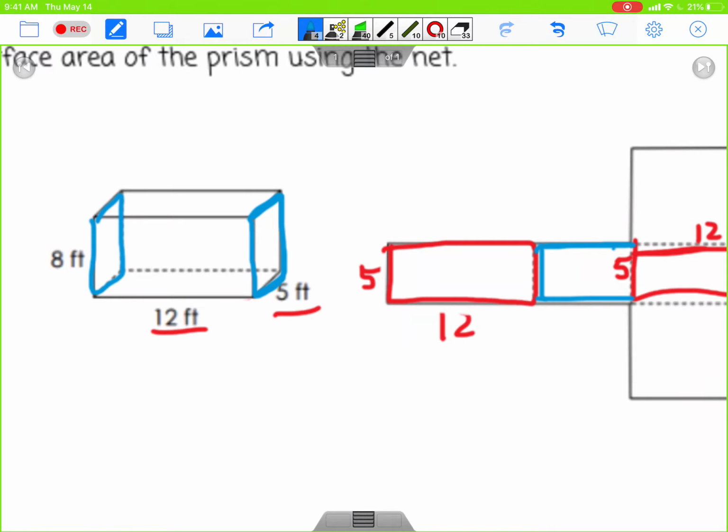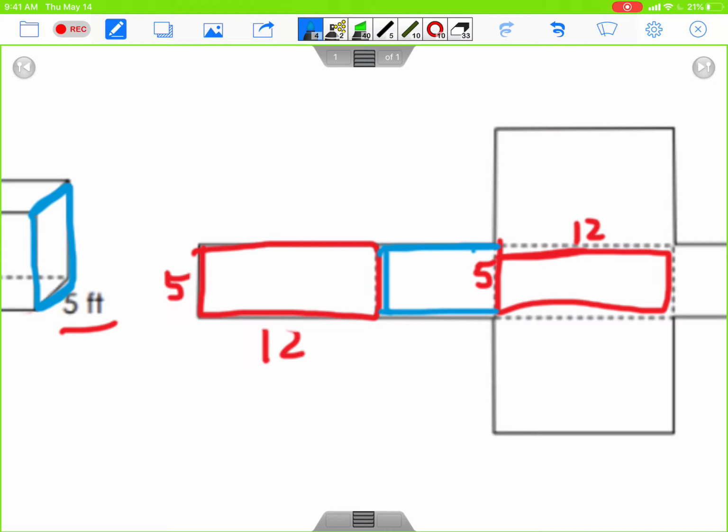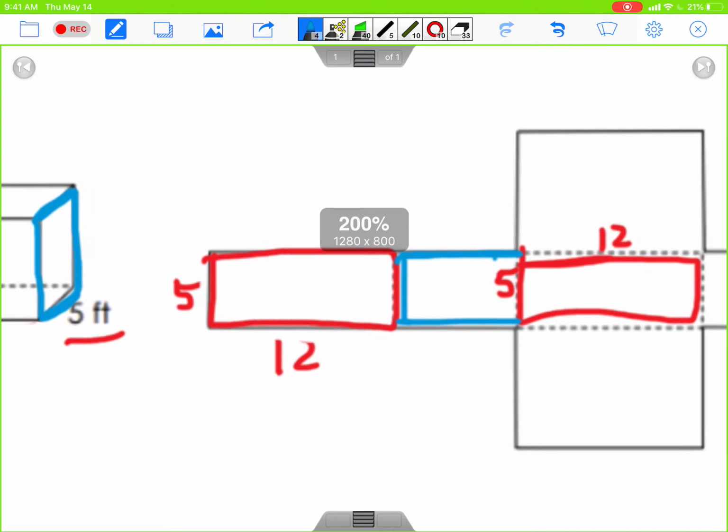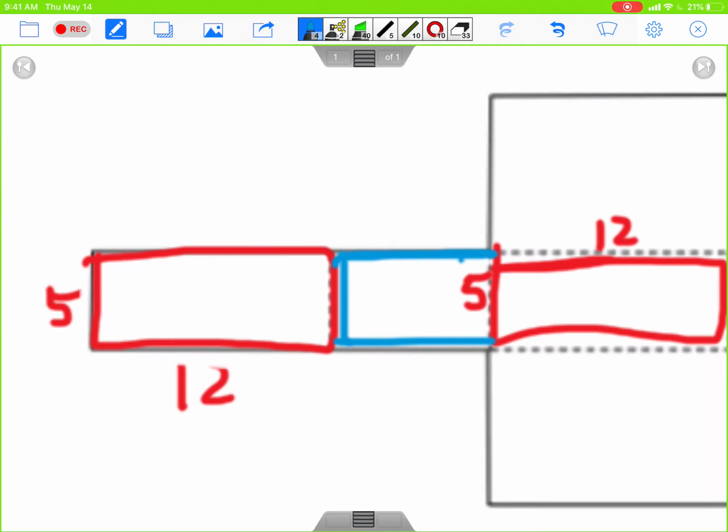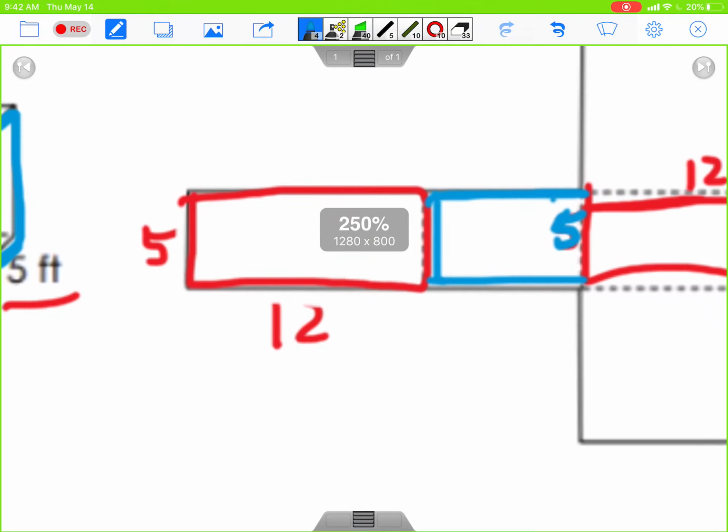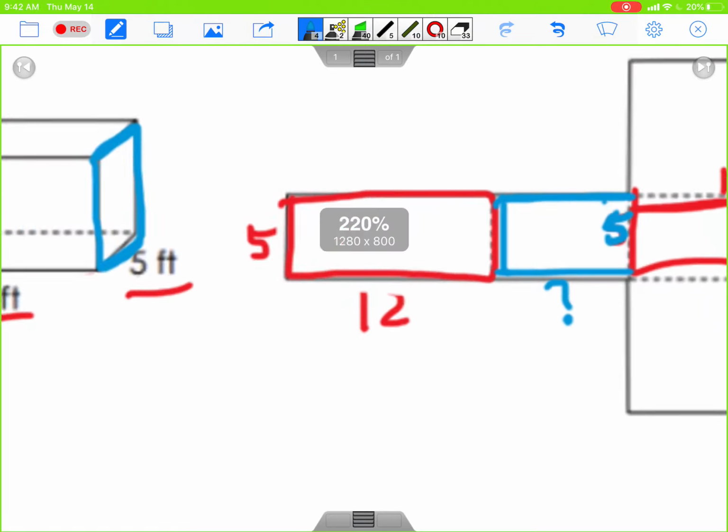I look at that small side and I want to know my length and my width. I have one of them already, the width of 5. It carries over because they share a side, so they're both going to be 5. Now I just need the bottom. How do I get that length?